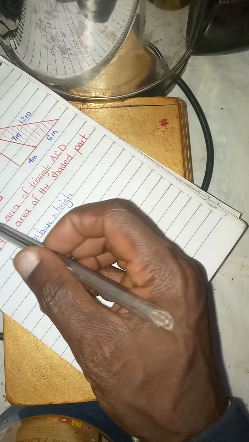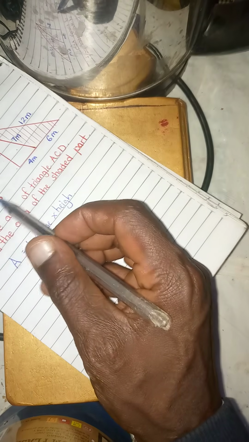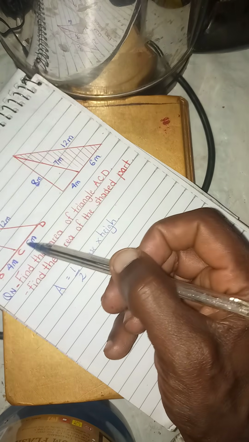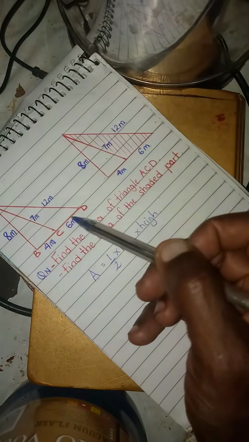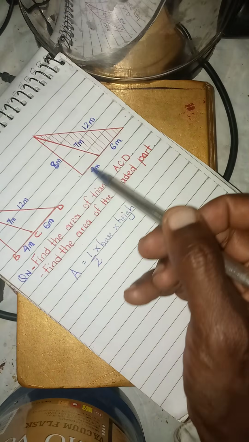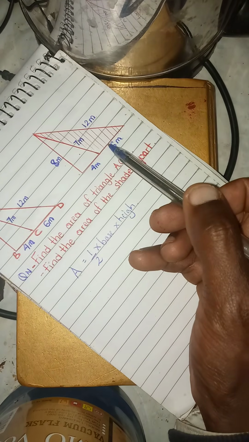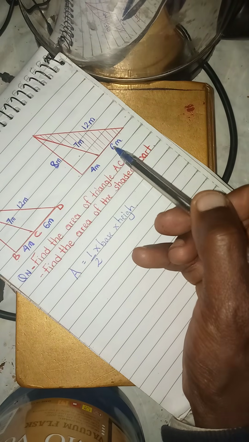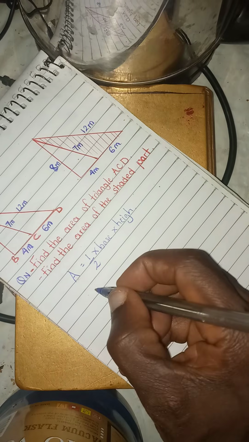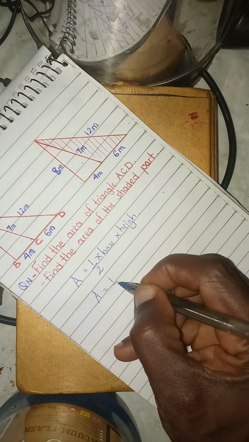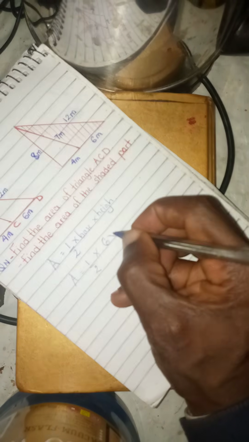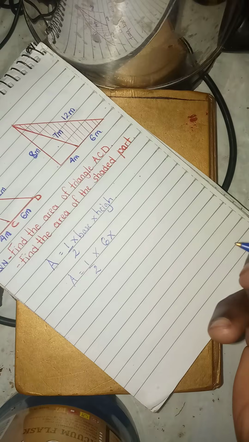Now this base, CD, is the base of that triangle. The base is 6 centimeters, so we shall use 6 centimeters. So area equals a half times base, which is 6, times height.